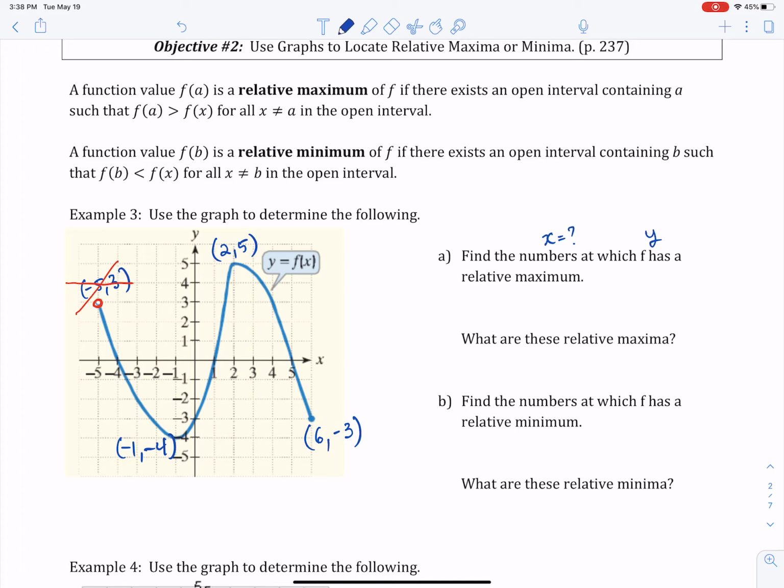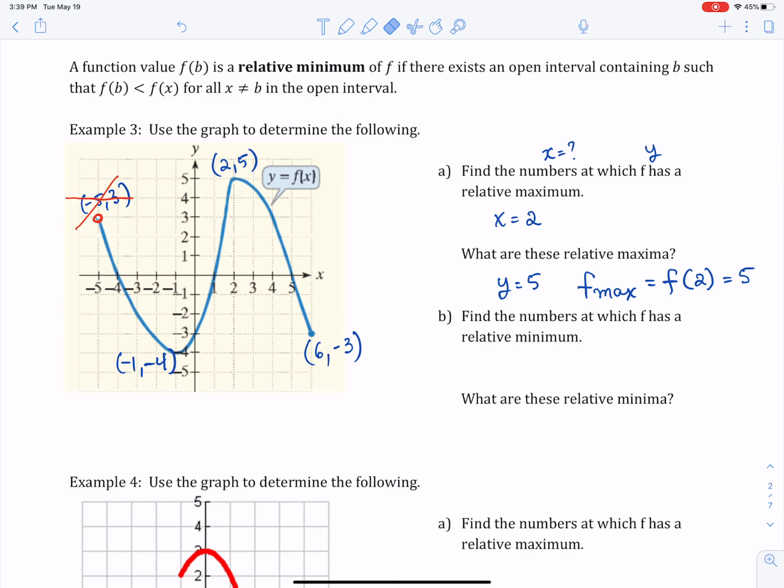And we see that at x is equal to 2, there is a maximum value of y is equal to 5. So it happens at x is equal to 2, and the maximum is going to be exactly f of 2, which is equal to 5.